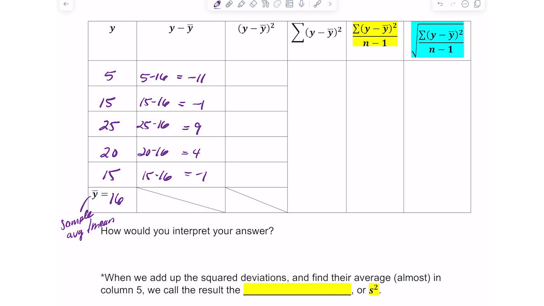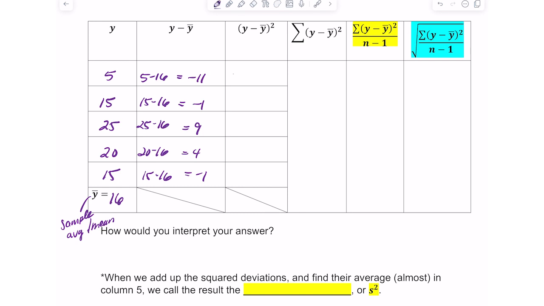And if you see here, the problem is we have some numbers that are negative, and that's a problem because distance is not negative. So we can solve that problem. How could I get rid of the negative? I could square everything. So that's what it's telling me to do in this next column. It's saying take this and now square all of that. That'll get rid of the negatives.